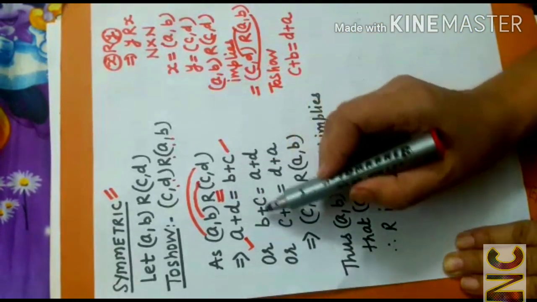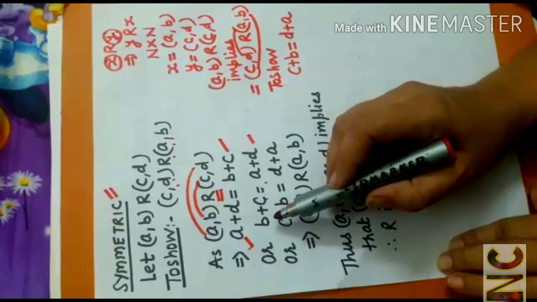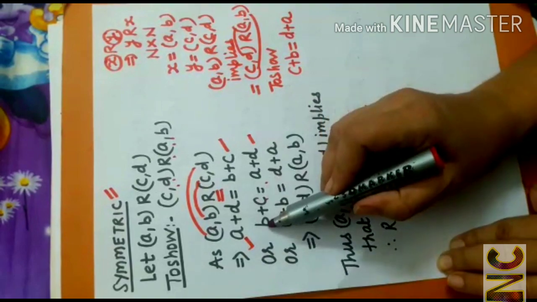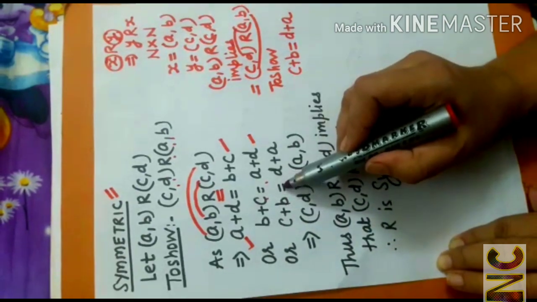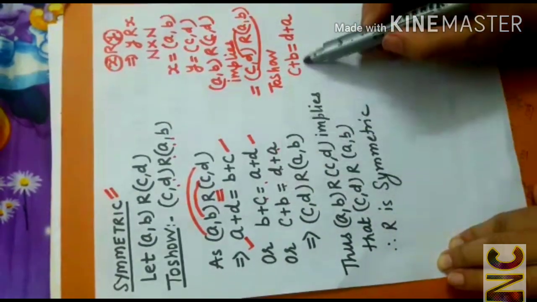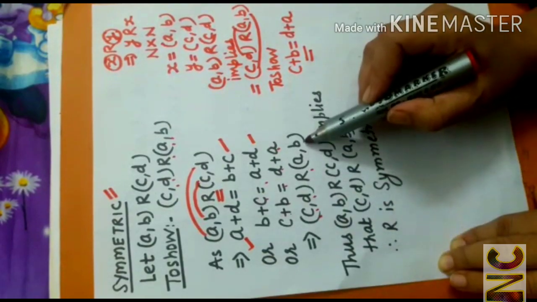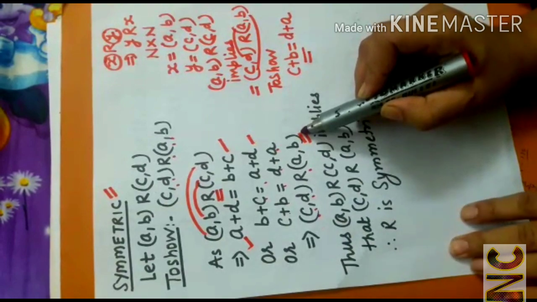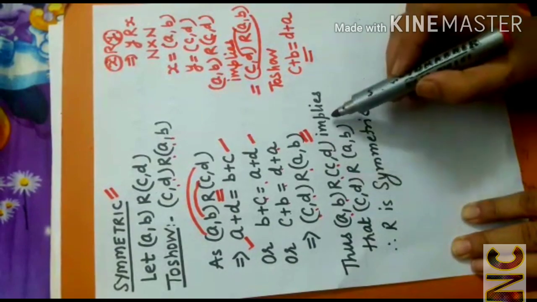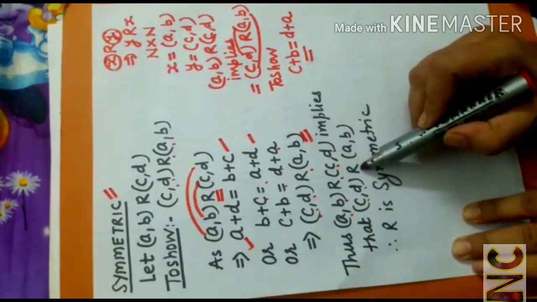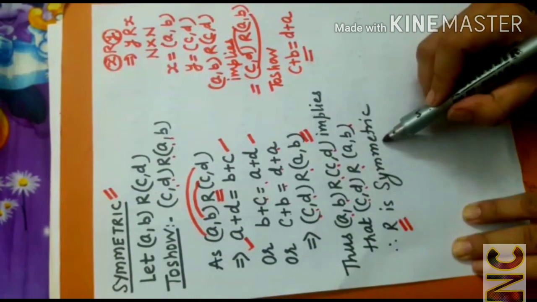Now this can be written as b plus c is equal to a plus d, and again addition is commutative, so I can write b plus c as c plus b. So c plus b is equal to d plus a, which is the same as this. So this would imply that (c, d) is related to (a, b). So whenever (a, b) is related to (c, d), then (c, d) will also be related to (a, b). Therefore, relation R is symmetric.